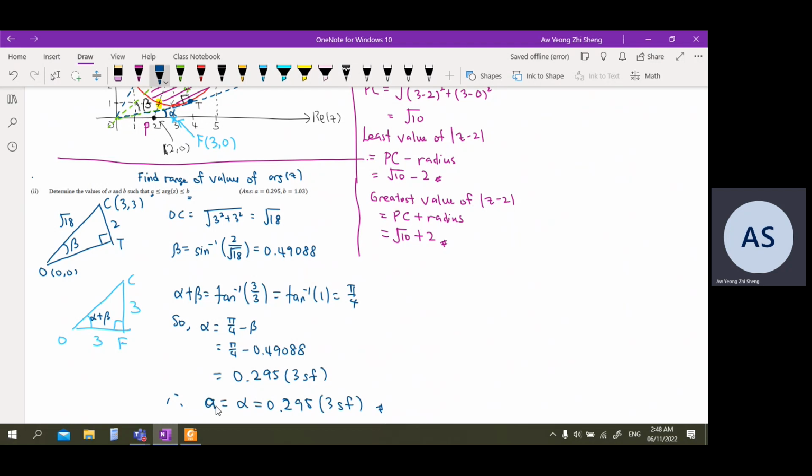Okay, so that's A found. Or maybe it's better for me to just state A and B at the end. Yeah, I just calculate the other angle first.